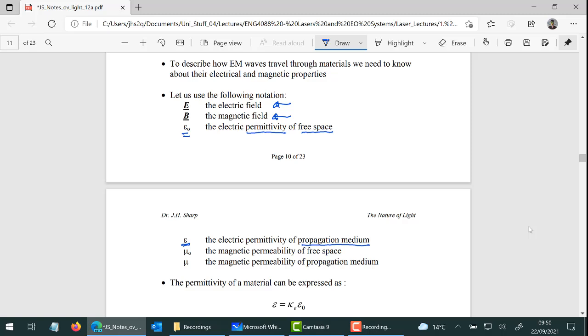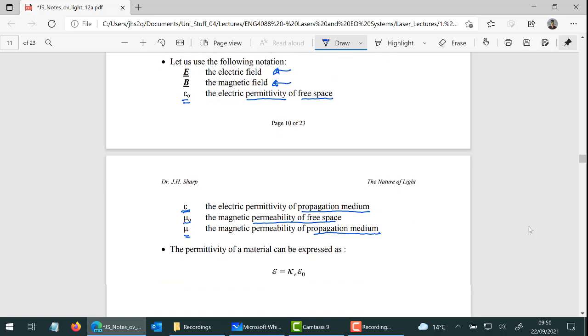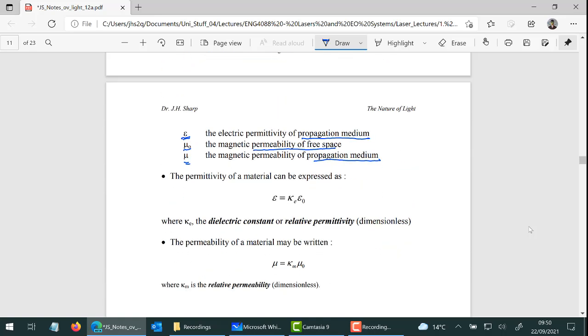That's the electrical properties. For the magnetic properties, we think about it in terms of mu naught, the magnetic permeability of free space. And for any particular material, again, the magnetic permeability of that particular material, of that propagation medium, the medium through which the wave is actually propagating. We can also express these, for any given material, in terms of how it relates to the basic electrical and magnetic properties of the vacuum.